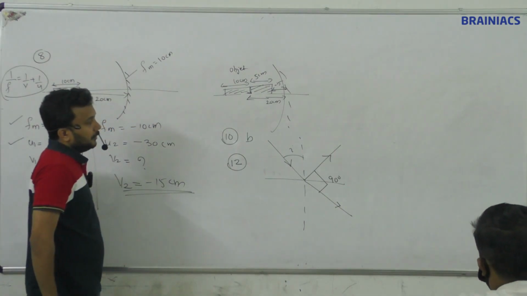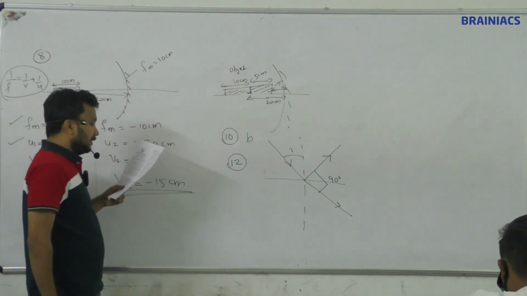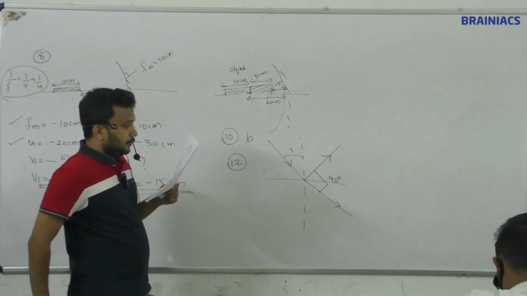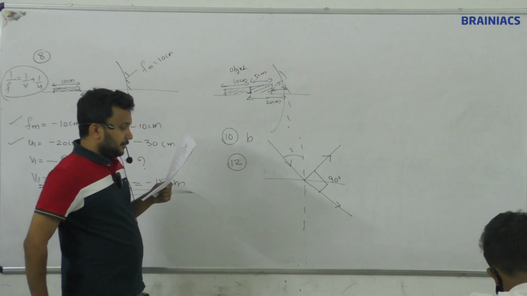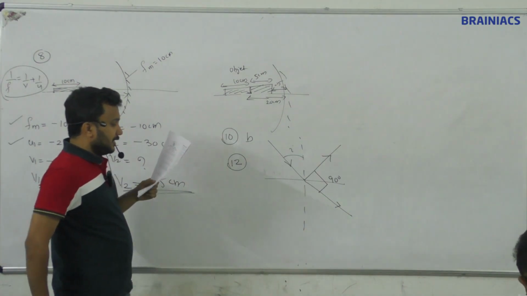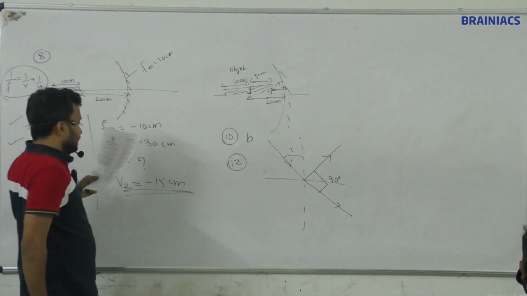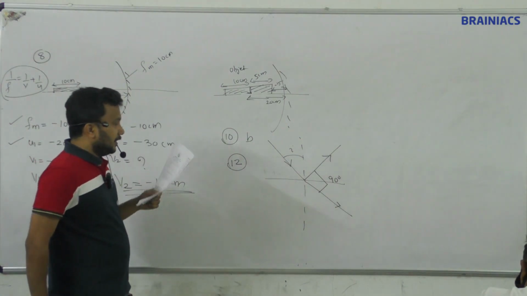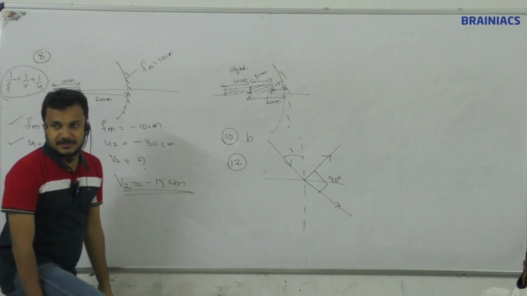Refracted ray and the reflected ray are mutually perpendicular. The angle of incidence is what? How to find out the angle of incidence?